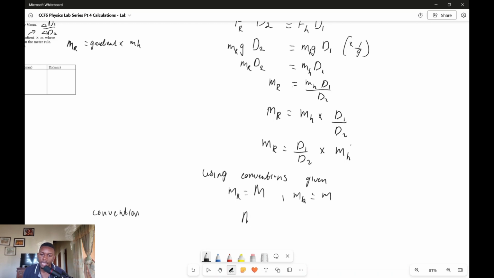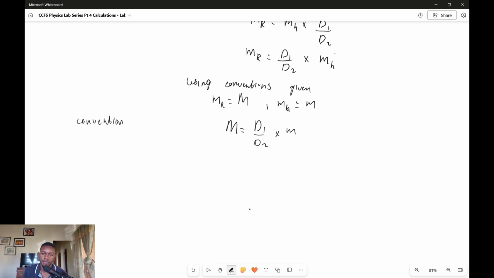So we have big M equals d1 over d2 multiplied by small m. And then we have big M equals gradient multiplied by m, as required. Bam. And that is it.